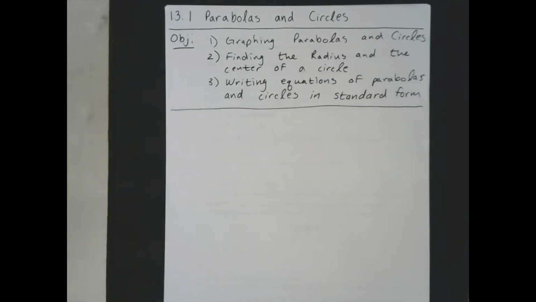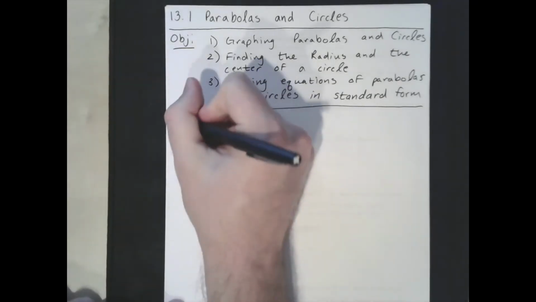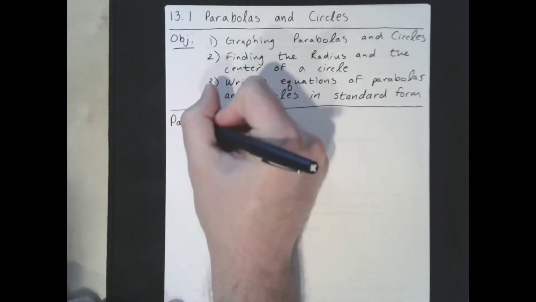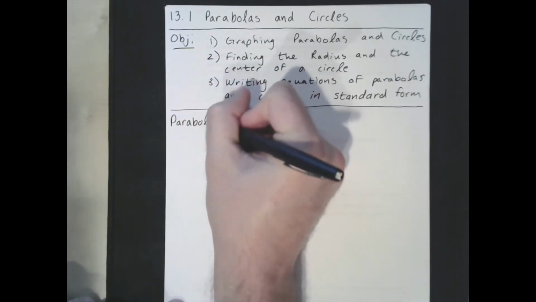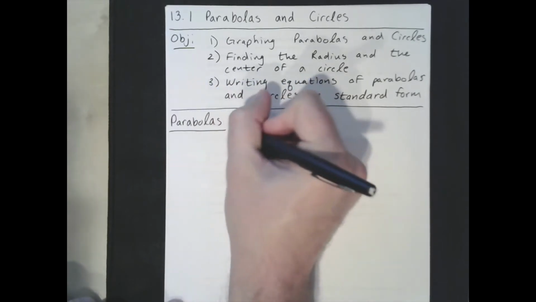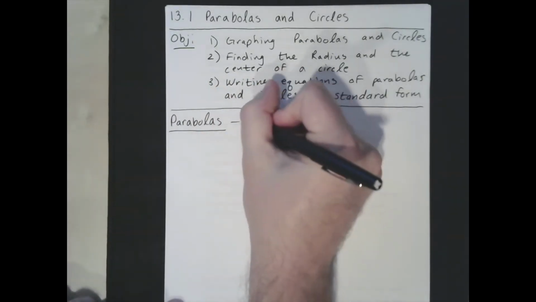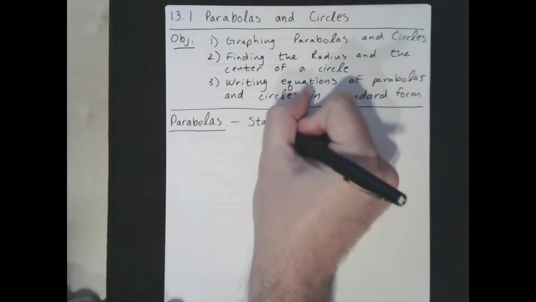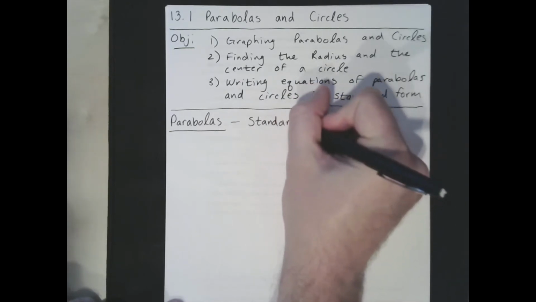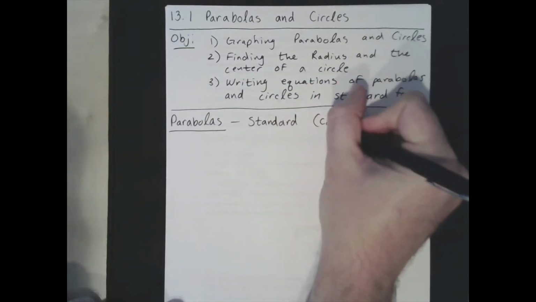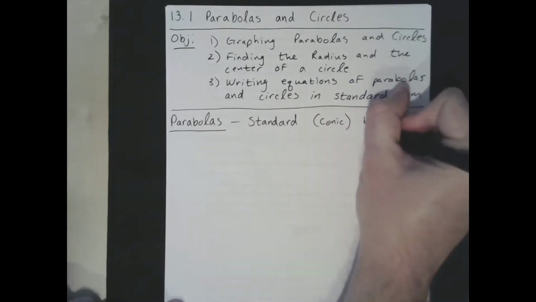Now, standard form for conics, for parabolas, is not the same standard form that we're used to for parabolas, and we spent a whole chapter talking about parabolas or quadratics. So let's take a look at the two types of standard form for conics, so that you can think of this as the standard conic form.